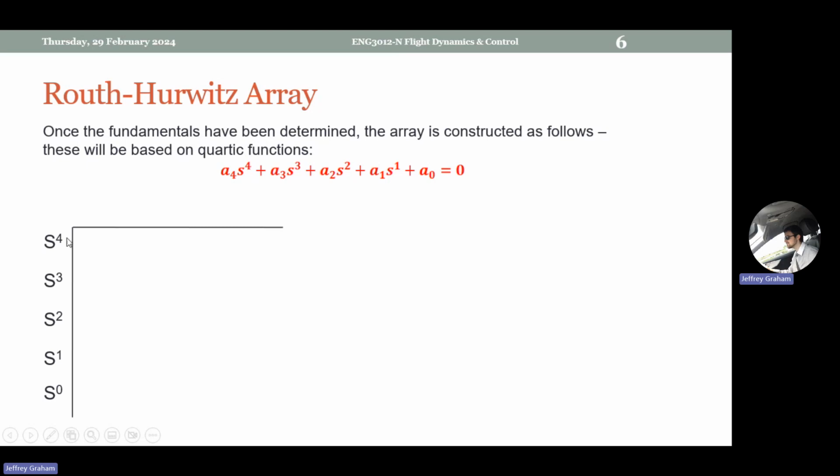We start off with descending powers on the left-hand side. We start filling in the first two rows based on the coefficient of the power 4, skip a term, the coefficient on the s squared term, skip a term, and we'll stick that value in.